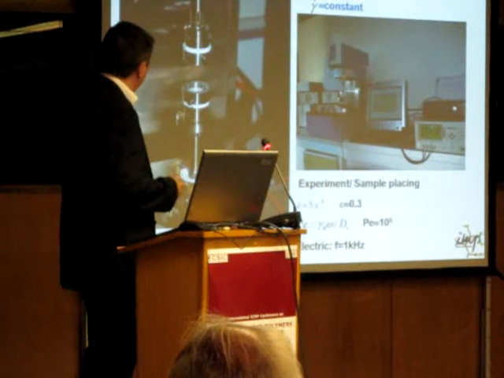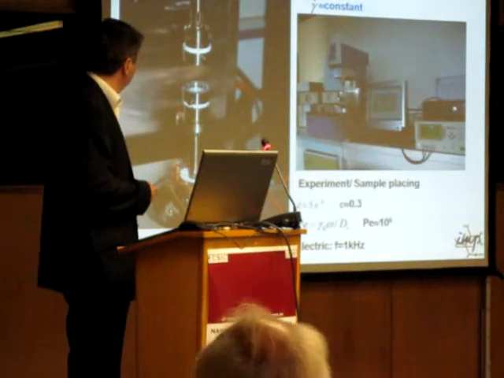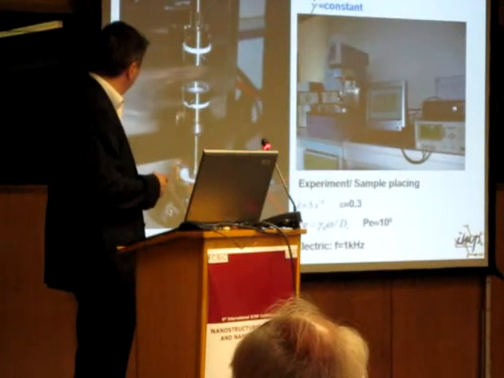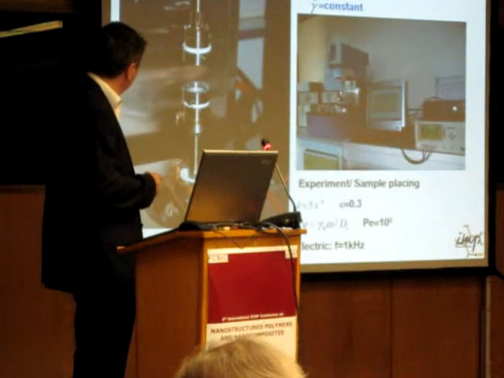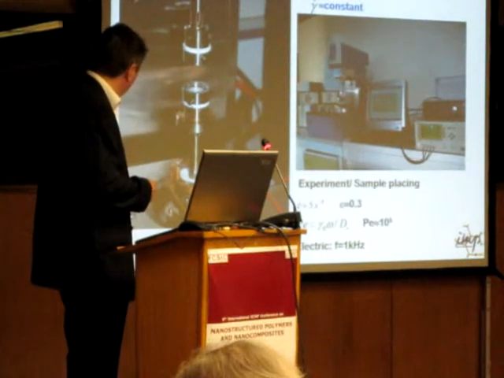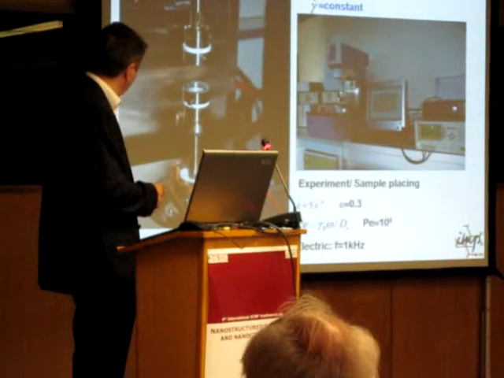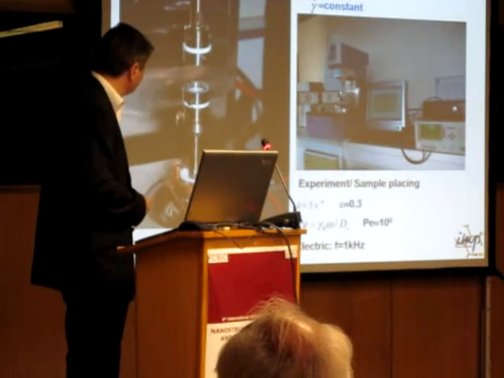We could have used a cone-plane geometry to have a constant shear rate, but it's difficult to develop a cone-plane geometry due to the isolation of the cell for the electrical property. And here you have the connection to the electric analyzer.